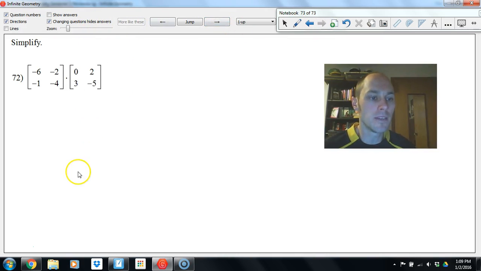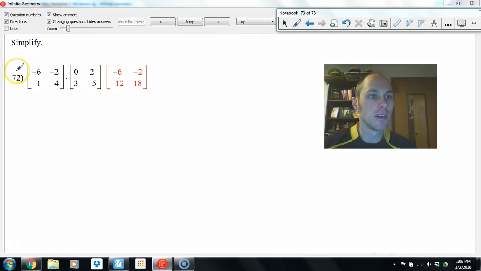Now multiplying two matrices together. So keep in mind when we multiply them together, I'll show you the answer right away and I'll show you how it works. We're going to multiply through. So I'm going to multiply this row times this column. So negative 6 times 0 is 0, plus, move to the next one, negative 2 times 3 is negative 6.